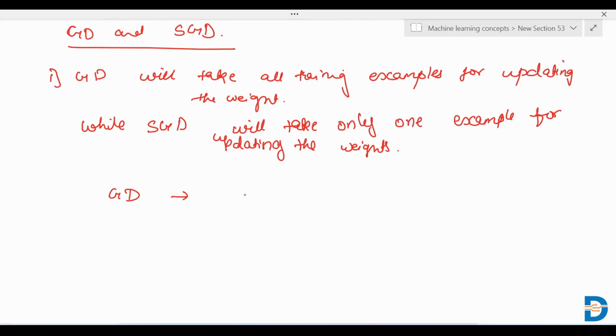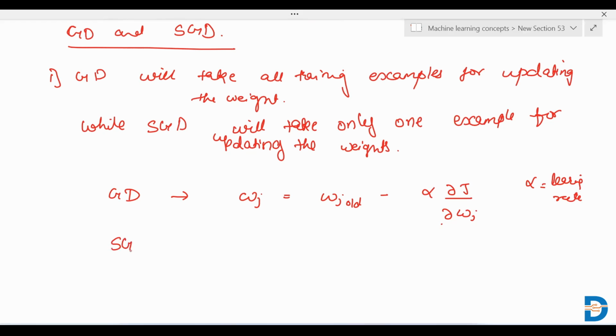For gradient descent, the new or updated weight will be the old weight minus alpha times the gradient of the loss function. Here alpha is the learning rate, and this is the gradient.